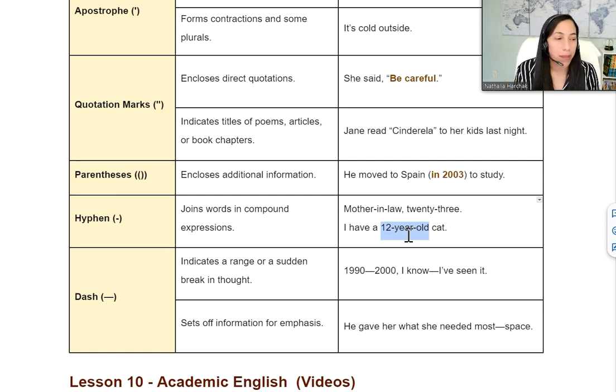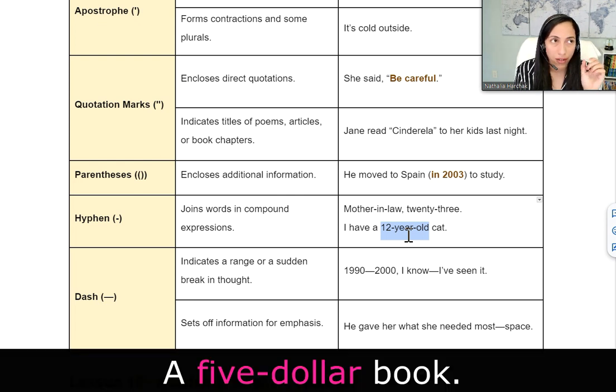For example, I bought a book the other day and it cost me only $5. It was a great price for a book. I could say I have a $5 book. So $5 is helping me describe how much I paid for the book.